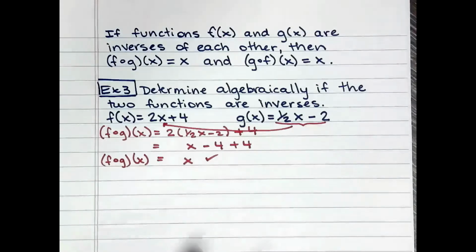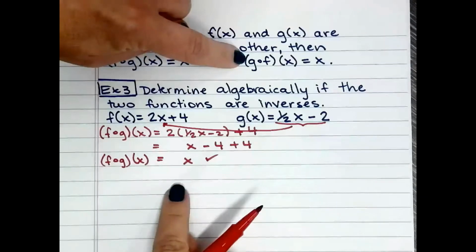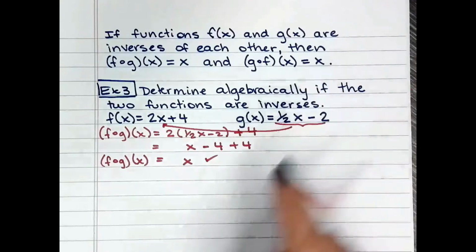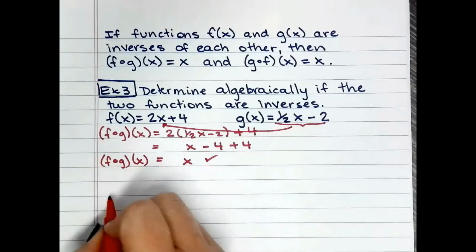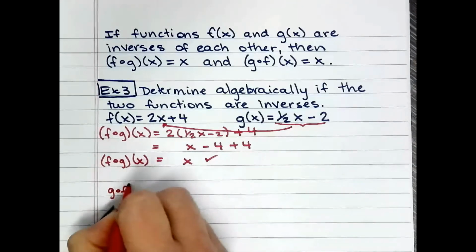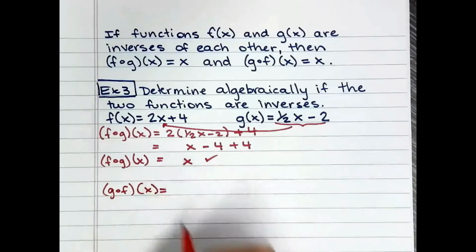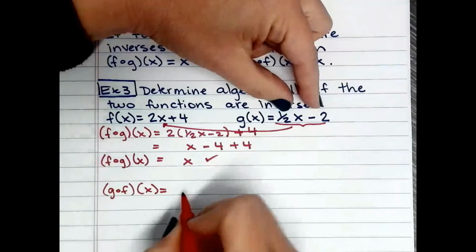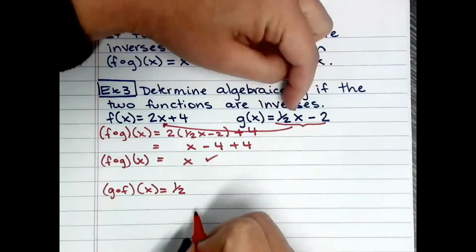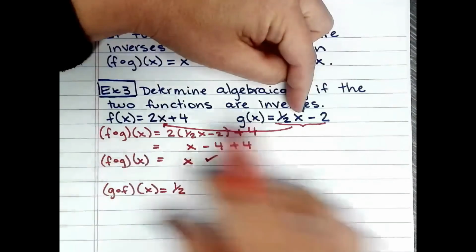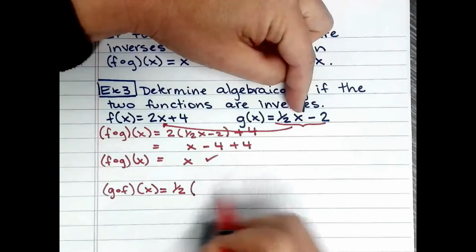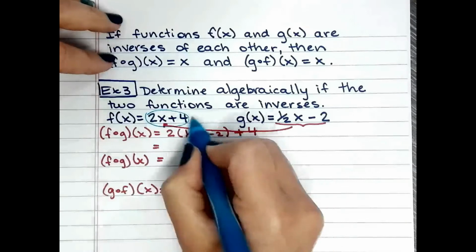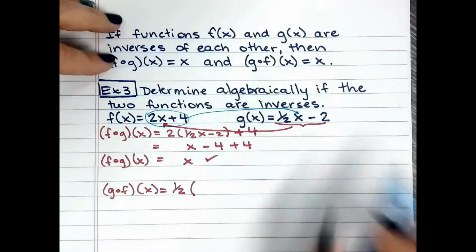So now I also need to verify if g composed f of x is also equal to x. So here we go. G composed f of x. So now I have to use the g of x function. So 1 over 2, and now I will use the f of x right there to replace x. So this time, I'll get this function right here and substitute that for this x.